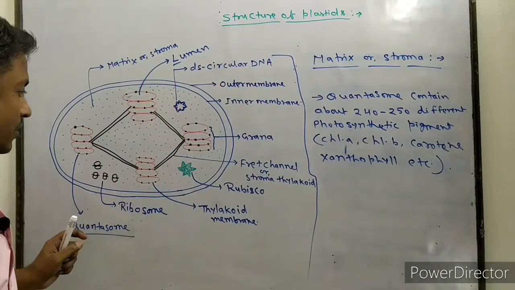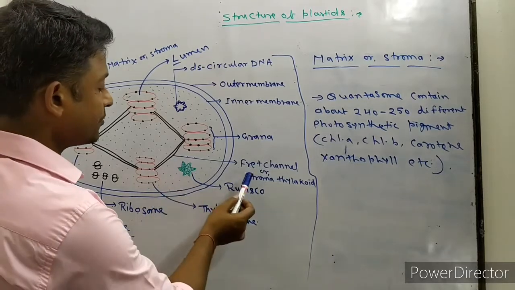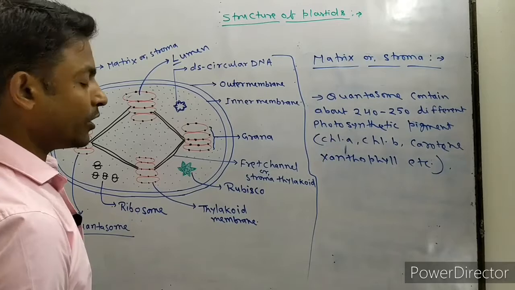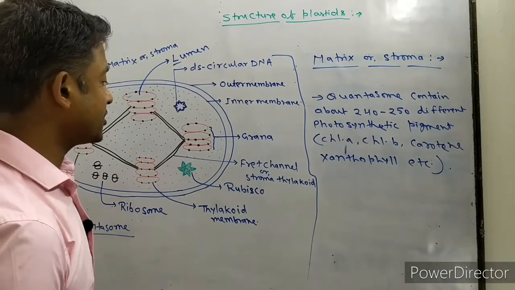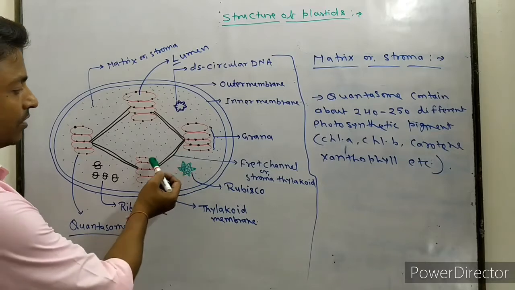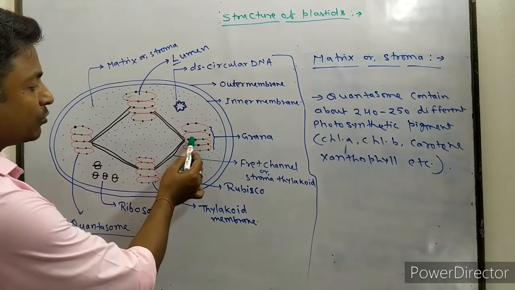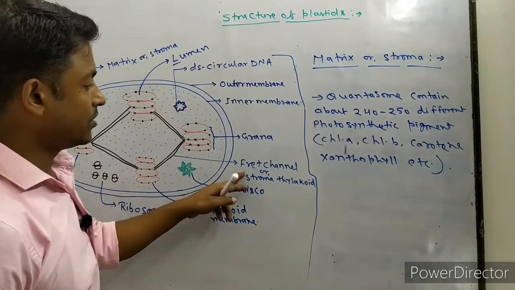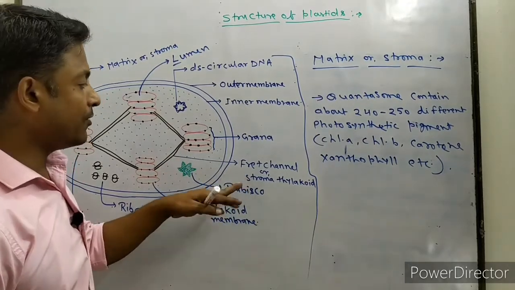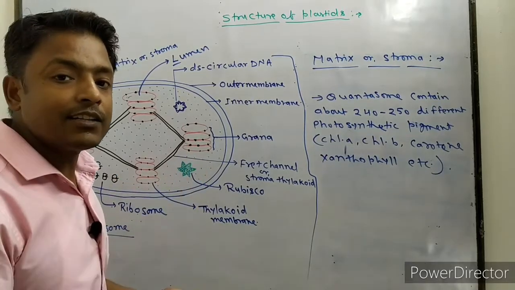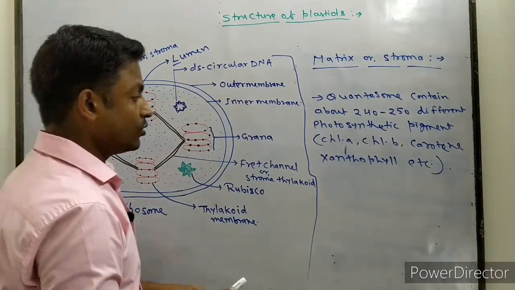Next point, this one is Fred channel or stroma thylakoid. What is stroma thylakoid or Fred channel? Simply, we see here a connection between one granum and another granum. The main function of the Fred channel is to connect one granum to another granum. Fred channel or stroma lamellae connects one granum to another granum.